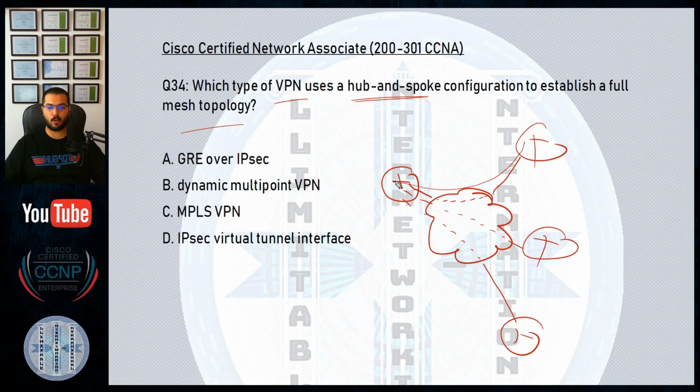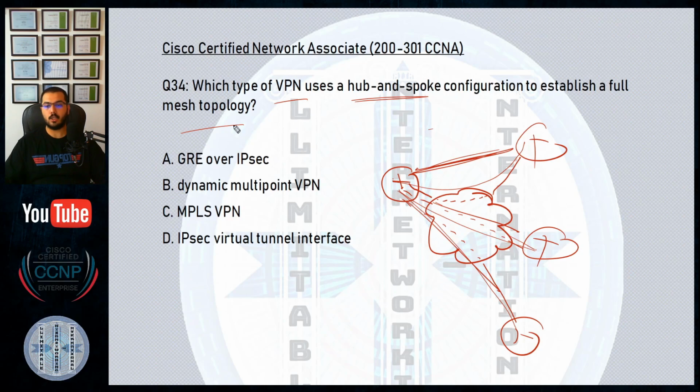So they will send to the hub, and the hub will answer to this one and to this one. This is called dynamic multipoint VPN, which is like establishing multiple VPN tunnels between the hub and all the other spokes.